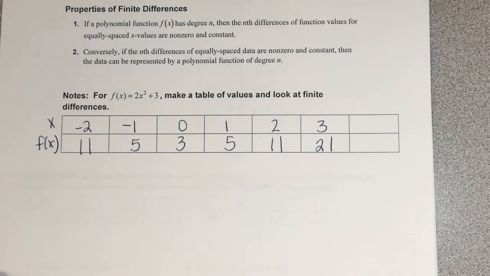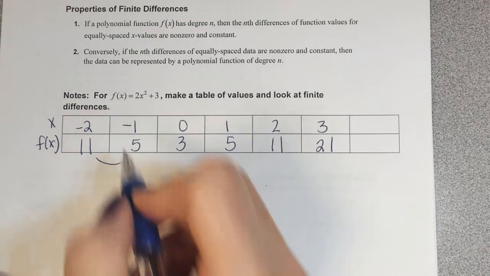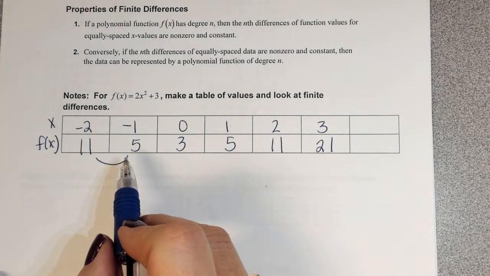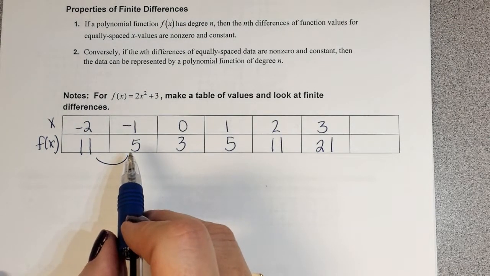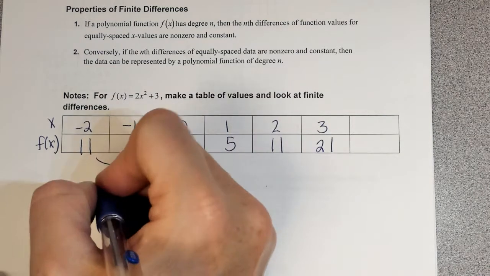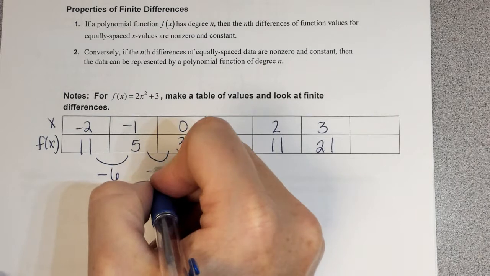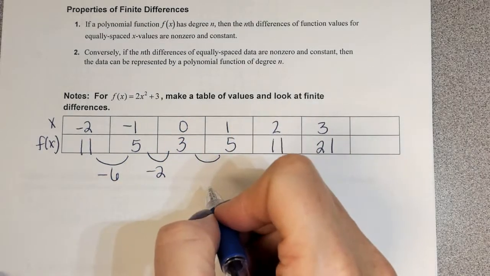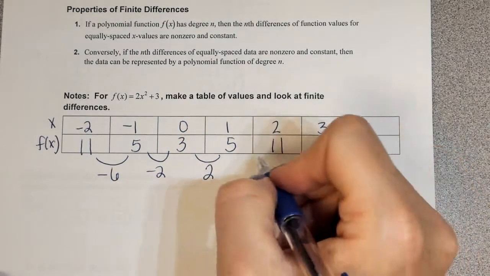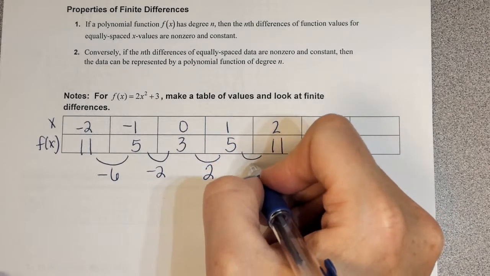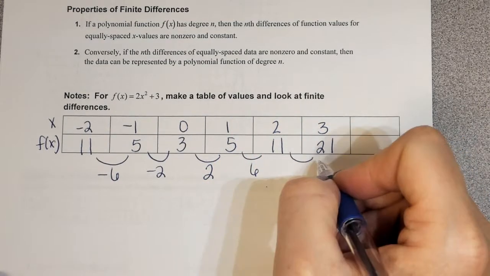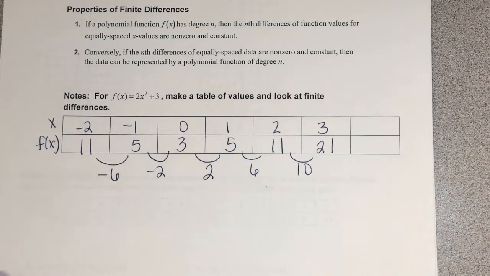Now we're going to look at our finite differences. So here's what we do. We're going to look at these two, and I'm going to subtract them. Always the second minus the first. 5 minus 11 is -6. 3 minus 5 is -2. 5 minus 3 is +2. 11 minus 5 is 6. 21 minus 11 is 10.